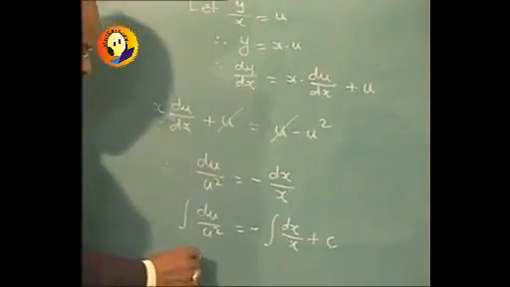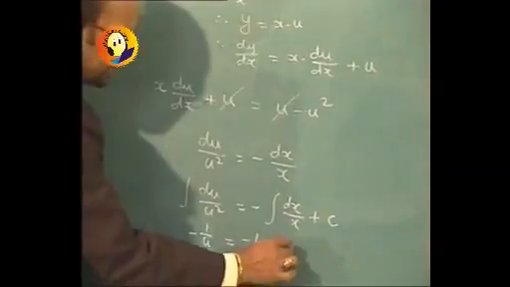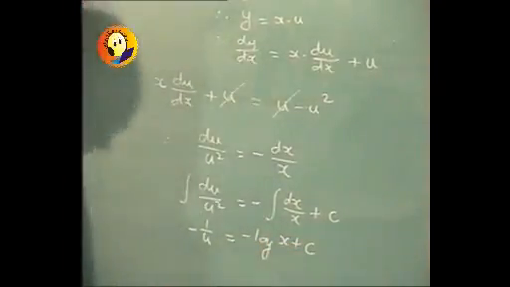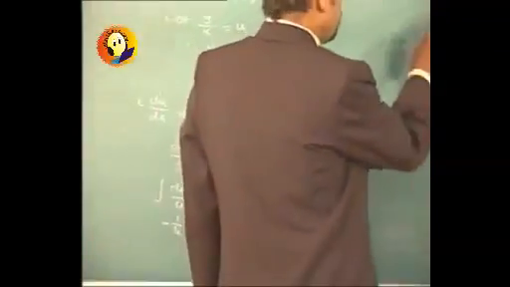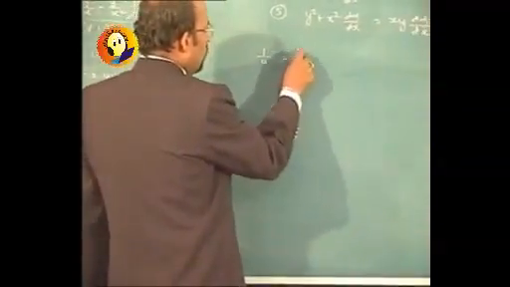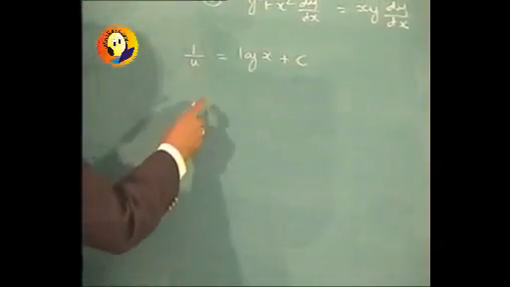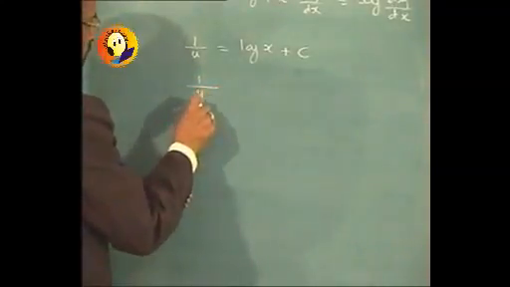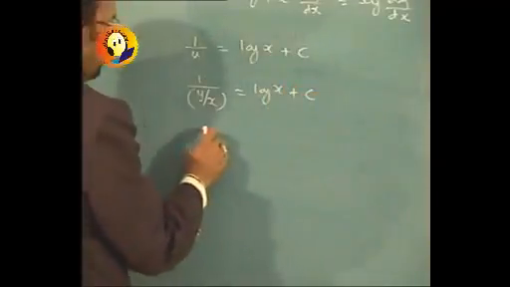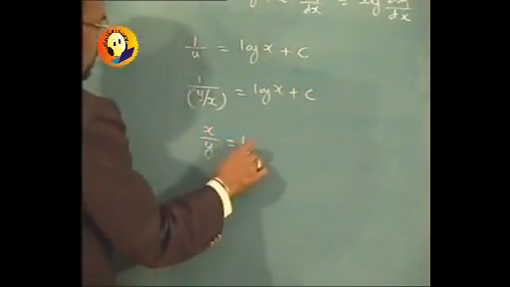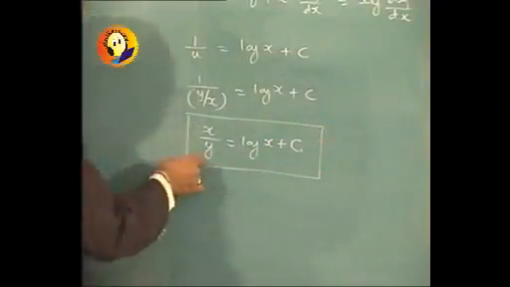So this is minus 1 upon u equal to minus log x plus constant, and so we can write it as 1 upon u is equal to log x plus constant, and substituting u as y upon x, that is 1 upon y upon x is equal to log x plus constant, or x upon y equal to log x plus constant. Equation can be kept in this particular form.